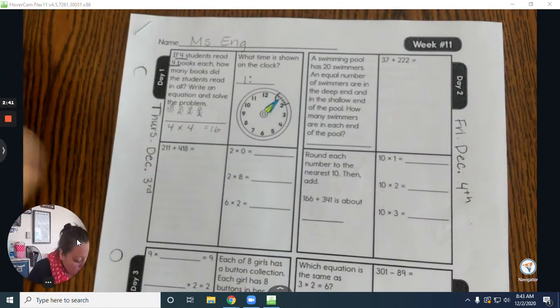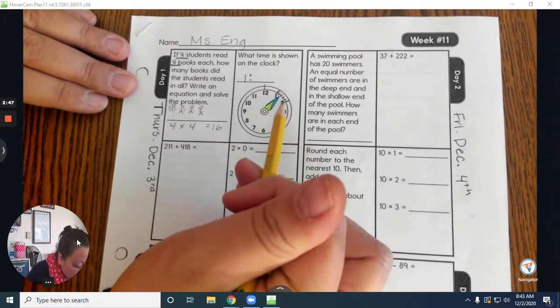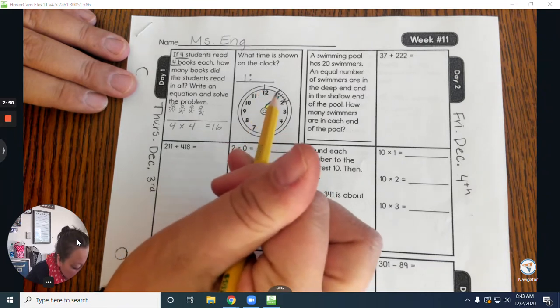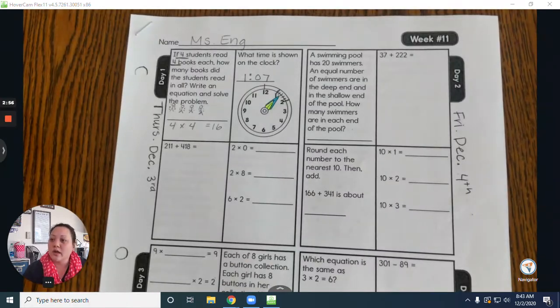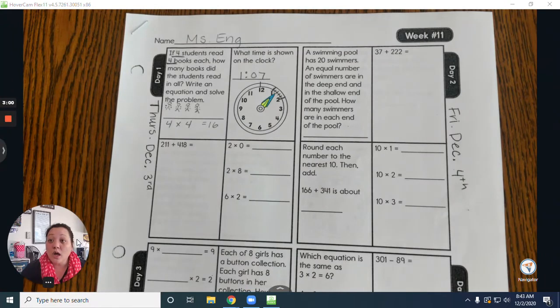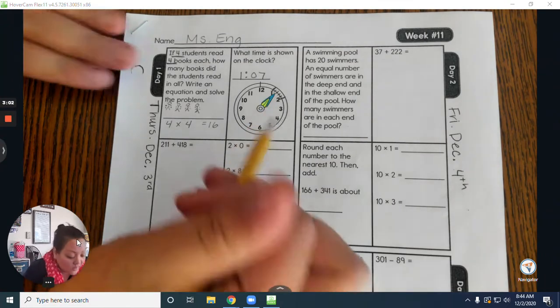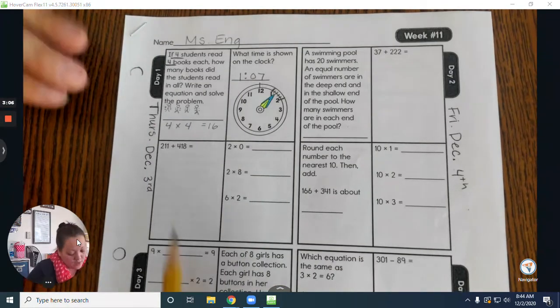Okay, if I look where the longhand is, I know that if I count by 5s, like 5, 10, 15, so this is 5, 6, 7. Okay, so it's 1:07. Do you see how I had to draw in my little minutes underneath? So it's not 1:01 or 1:02, it's 1:07 because now the longhand is pointing to the minutes.